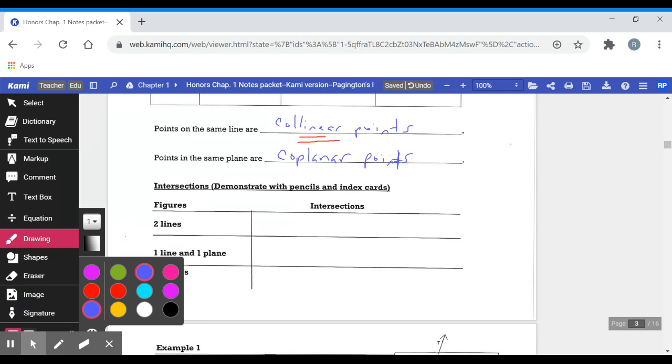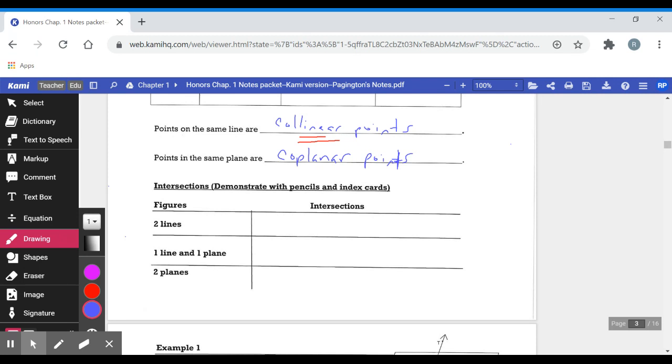All right, on this next part, I know some of you got to do this next part in class, and some of you did not. So if you didn't get a chance to already do it in class, I would like you to think about what the answers are before you listen to what I say the answers are. I think it's a good thing based on what we've talked about so far. So you're going to answer one word in each box for the intersections. If you think about what an intersection is, it's where the two things touch each other.